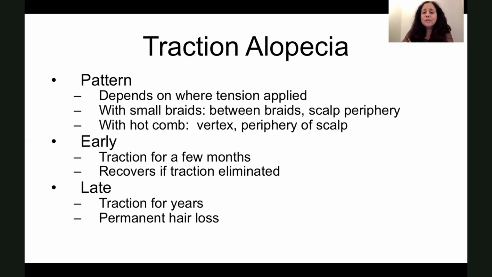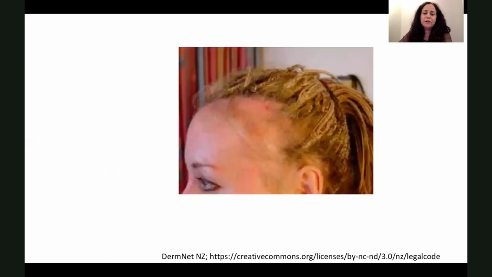With hot combs, the vertex in the periphery of the scalp. With traction alopecia, if it's early, it's often reversible. But if the pattern of traction goes on and on for many, many months or years, it can actually lead to permanent hair loss by destroying the hair follicle. And here you can see some traction alopecia at the periphery from very tightly woven braids.